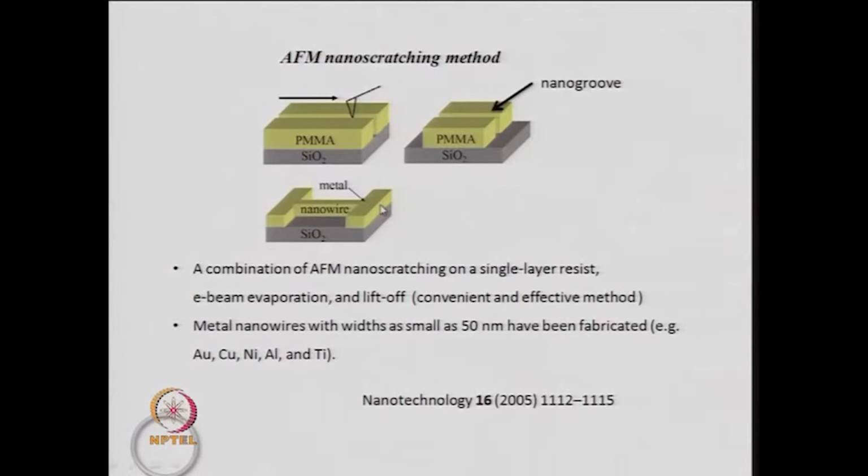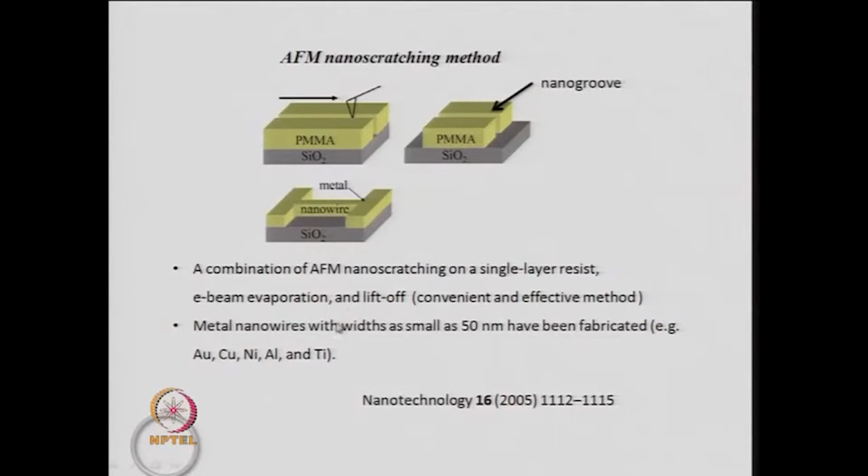So, if you want to do some measurements of say current, voltage and other kind of measurements, you can make nanowires like this, and it is possible to do this using an E beam lithography setup, where you can do E beam evaporation, and then you can lift off, that means take out the PMMA, and also after the nanowire is formed, you can lift it using a robotic arm and place it wherever you want.